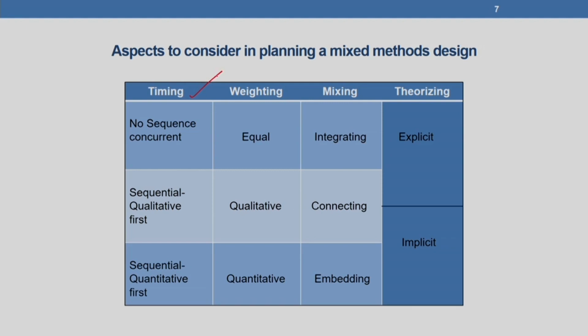Now, proposal developers need to consider the timing of their qualitative and quantitative data collection, whether the data will be collected and analyzed sequentially, that is in phases one after the other, or whether it will be collected and analyzed concurrently, that is at the same time.